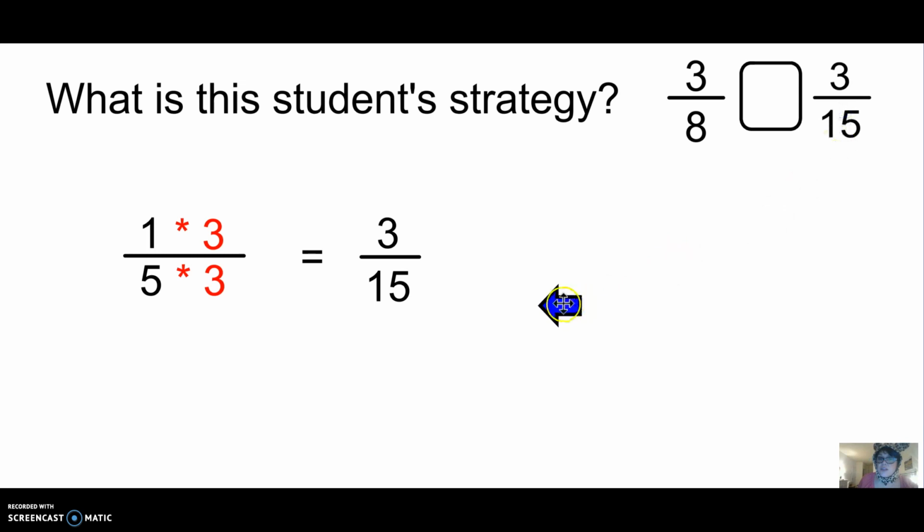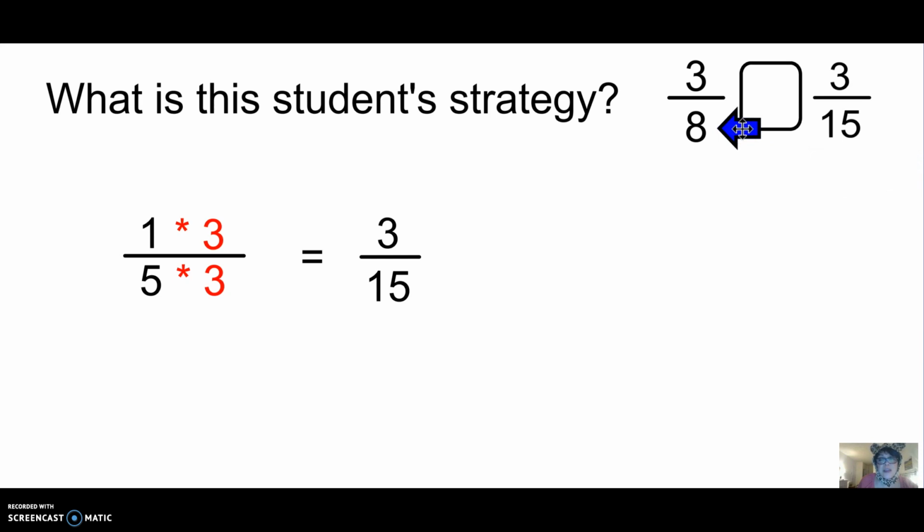Now I have fractions with like numerators. So now I can think, the more equal pieces I break something up into, the smaller they're going to be. So if I break my one whole into 15 pieces, those pieces are going to be smaller than if I broke them up into eighths.